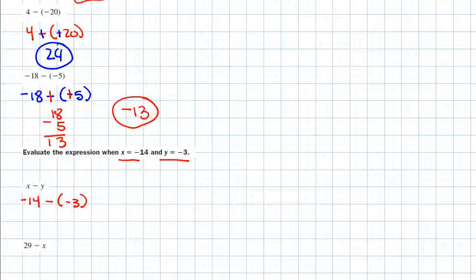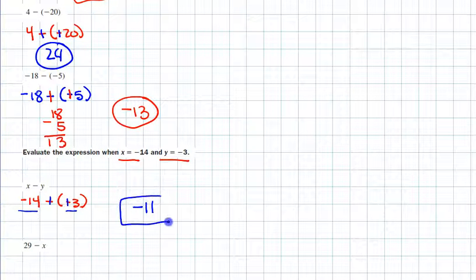I want to start by adding the opposite. That gives me -14 plus 3. Well, one's negative and one's positive. The absolute value of 14 is bigger than the absolute value of 3, so my answer is going to be negative. 14 minus 3 is 11, so my answer is -11.